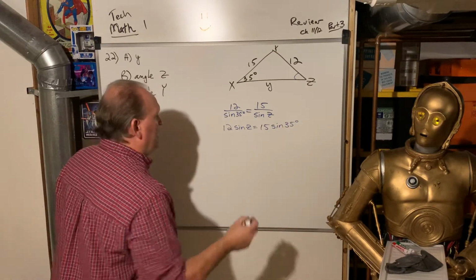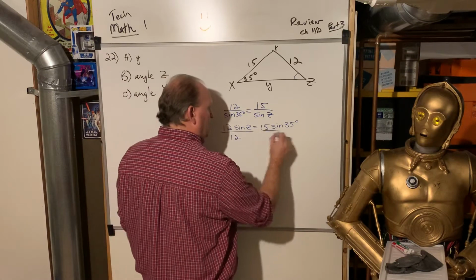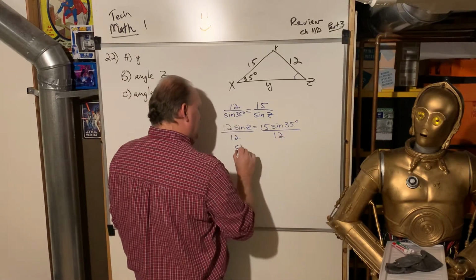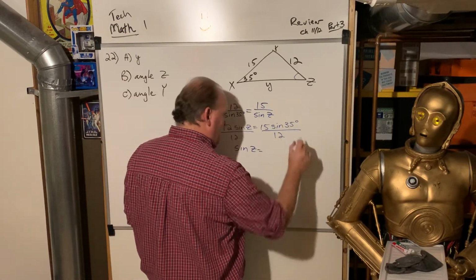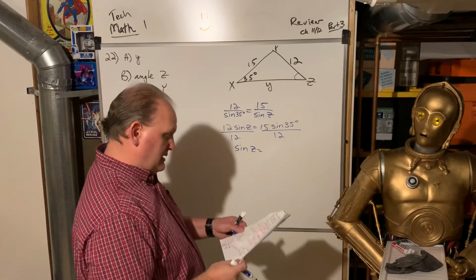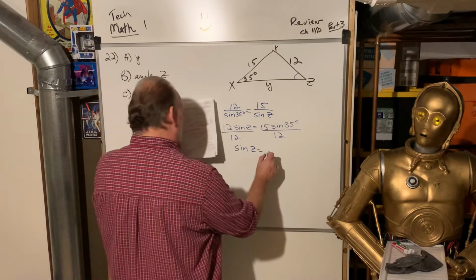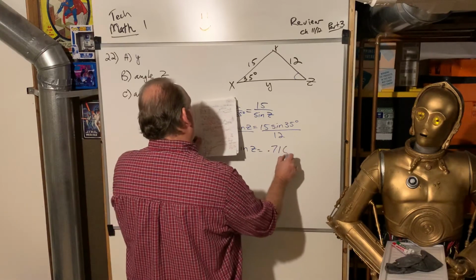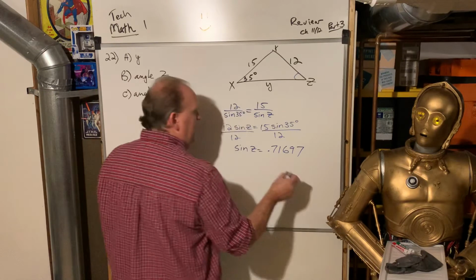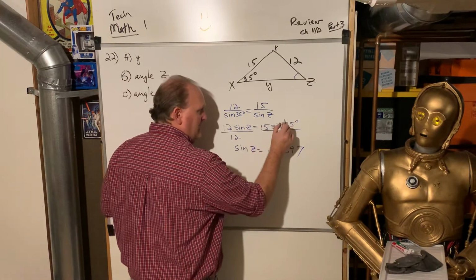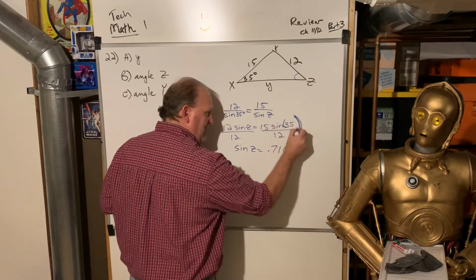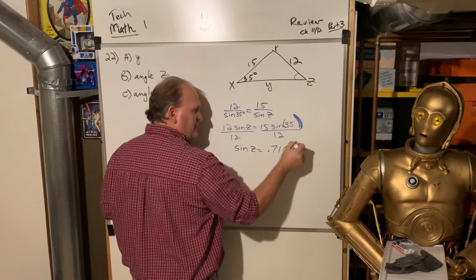Okay? And now we divide the 12 out. And we got the sine of z is equal to that mess. Let's see, did I work that mess out or did I do it all in one shot? No, I worked that mess out. So 0.71697. Again, when you enter in 15 times the sine of 35, make sure you put this end parenthesis and then divide it by 12.